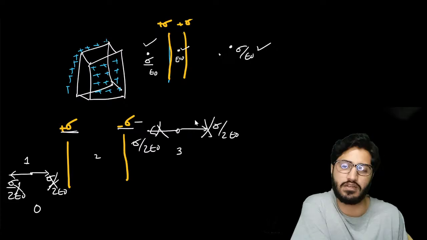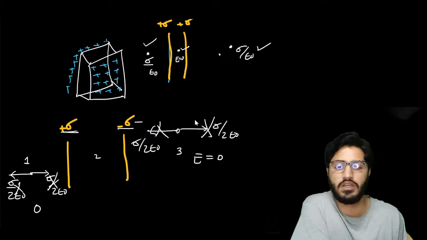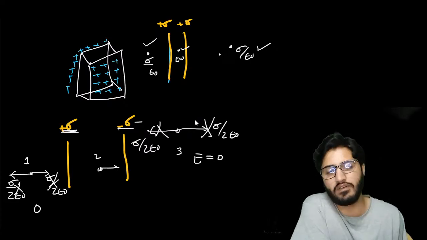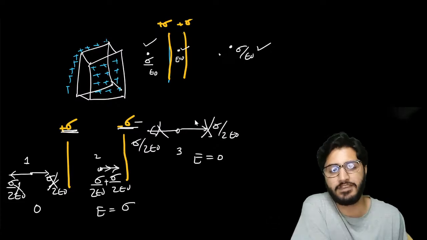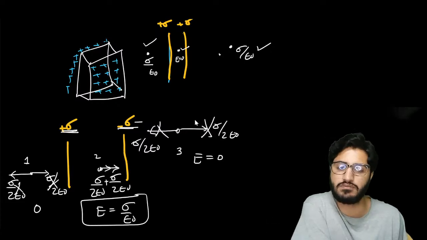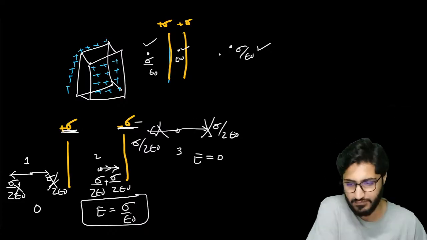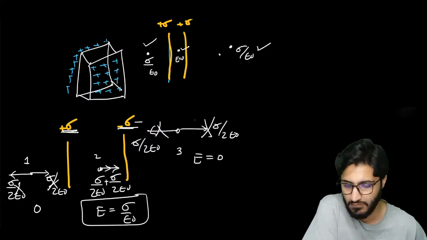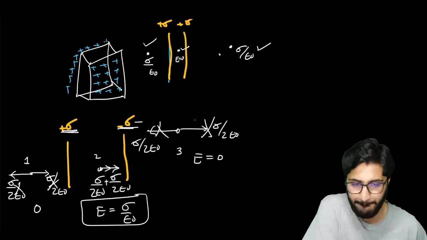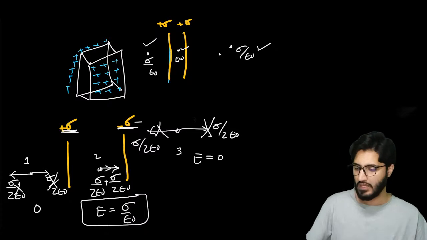Both cancel each other, so the electric field is 0. Here, due to this one, the electric field will be in this way, sigma by 2 epsilon naught, and due to minus, in this way, sigma by 2 epsilon naught. So what will be my electric field in net? Sigma by epsilon naught. Easy or super easy?